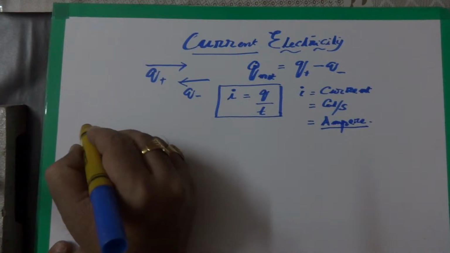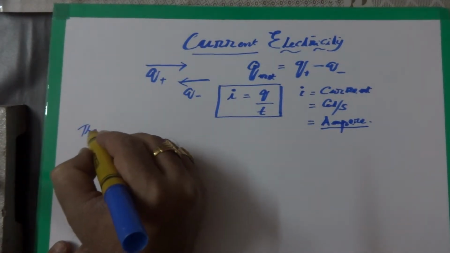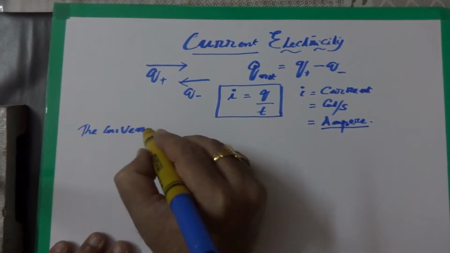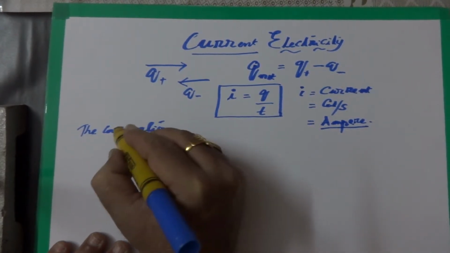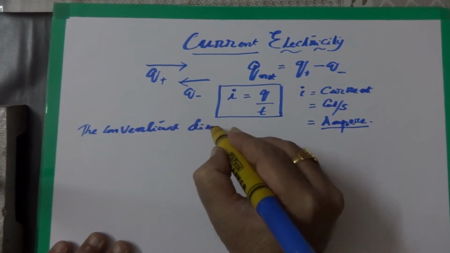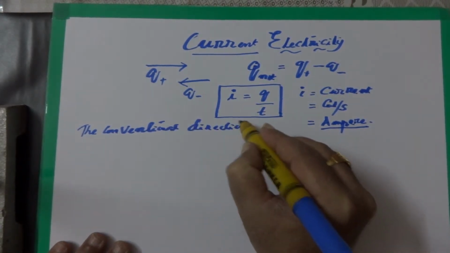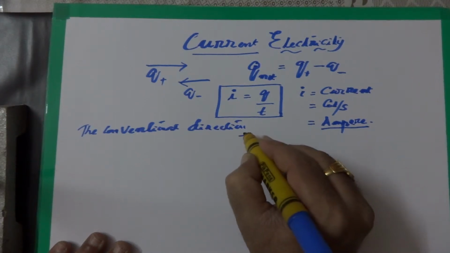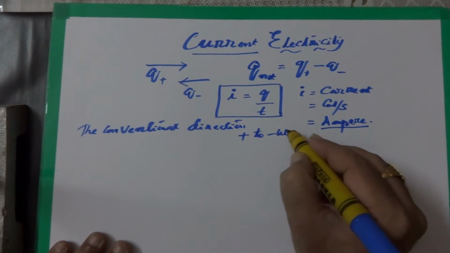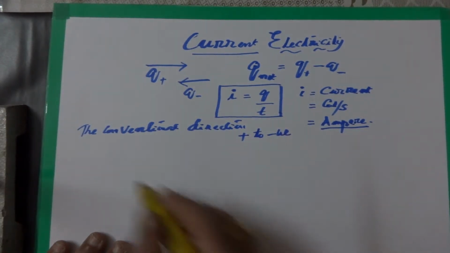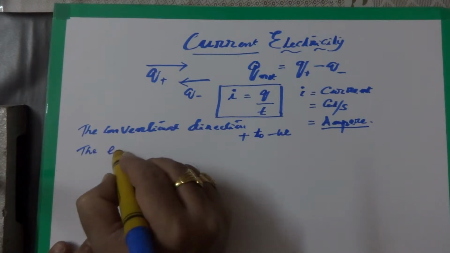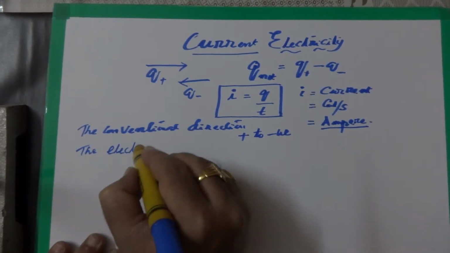The conventional direction of the current is from positive to negative, that is just opposite to the electronic direction of the current.